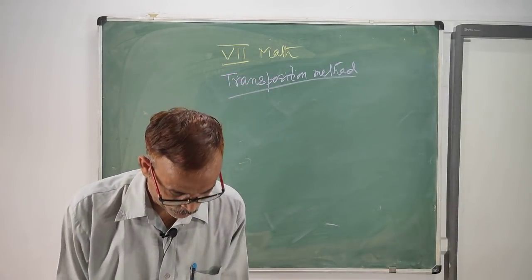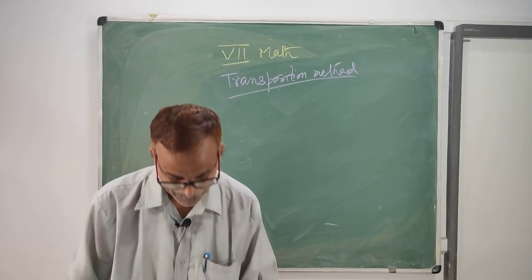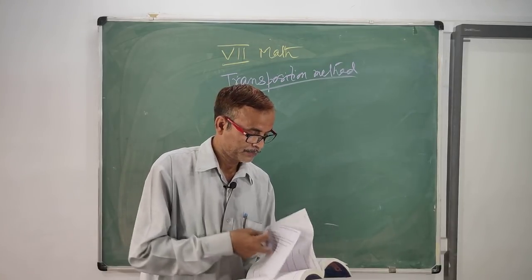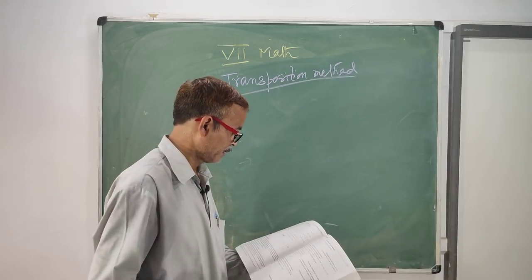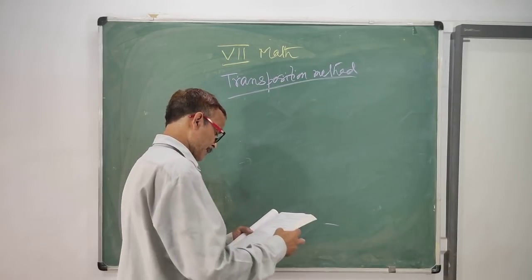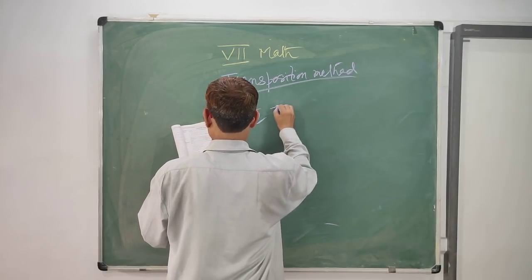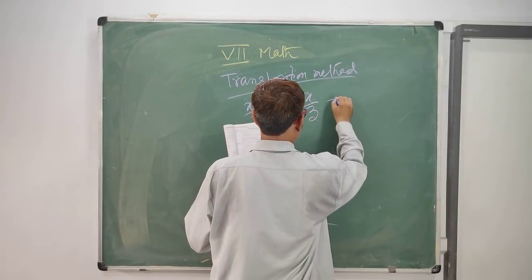And in this method, how will you solve a sum? x by 2 minus 1 is equal to x by 3 plus 4.